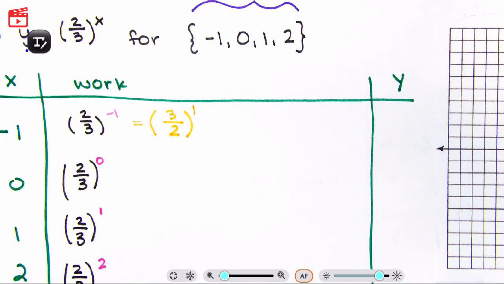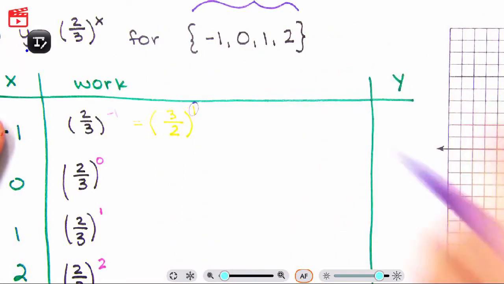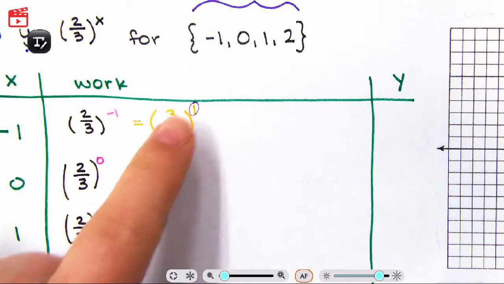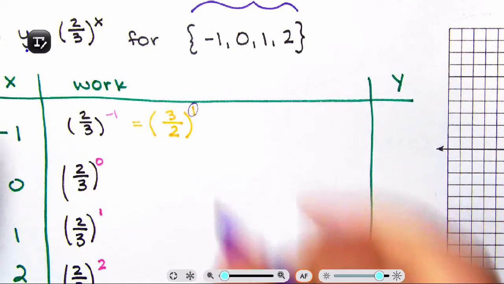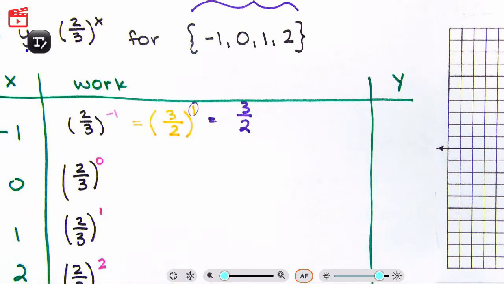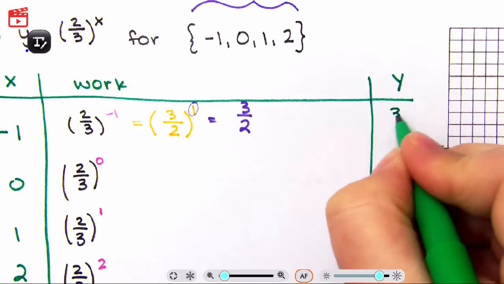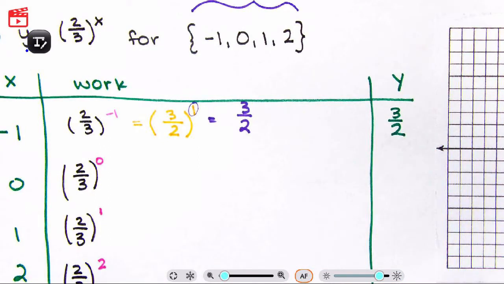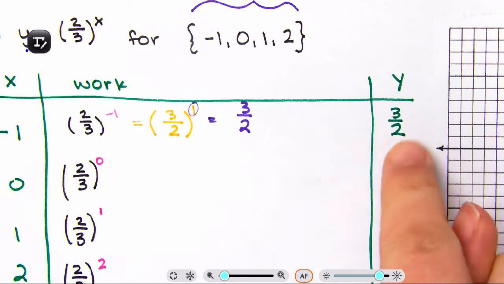That means that I'm going to write my base that many times. So if this tells me I have the base of 3/2 and my exponent is 1, then I'm just going to write this 1 time, which is 3/2. And that's it. We don't have to add or subtract anything in this example. So my Y value is 3/2. When I input -1, my output is 3/2.